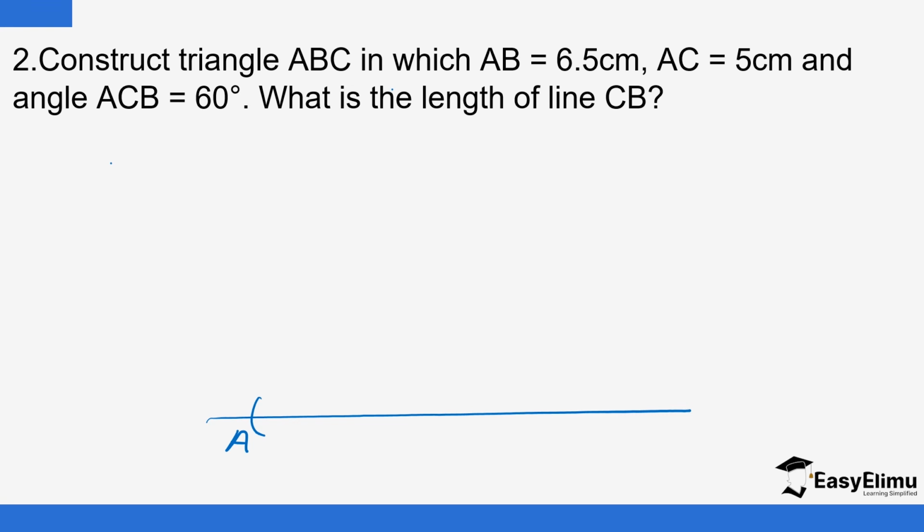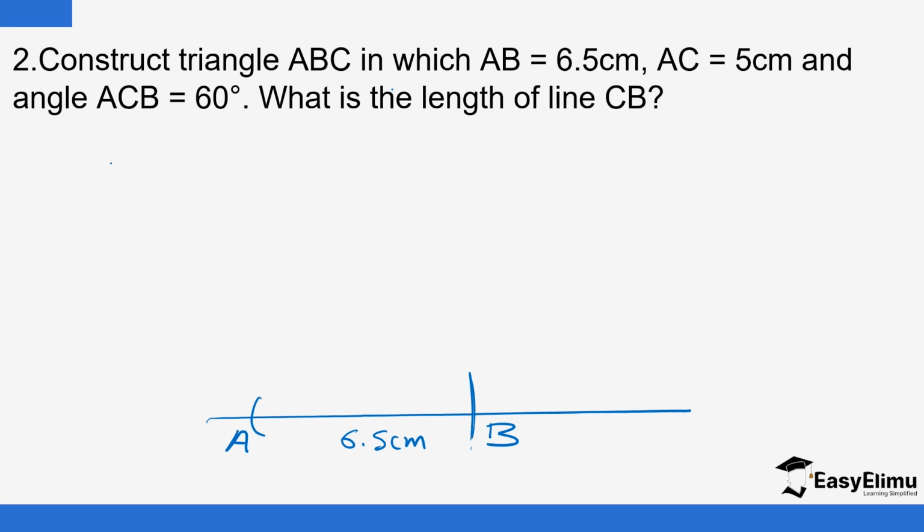Using now A as the center. This is something that we discussed previously. So using A as the center and the length is 6.5, you make an arc here. So that is where B is. So this is 6.5 centimeters. Now AC, so I'll make an arc.